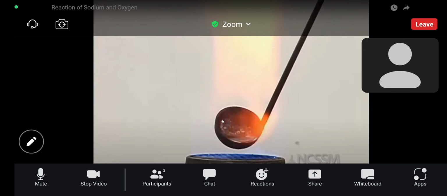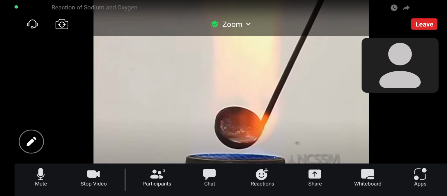What about magnesium? It burns with white fume. So sodium, can you please repeat the observation? It burns with orange fume. So this is the orange color, and this is the fume. You can see the fume here.